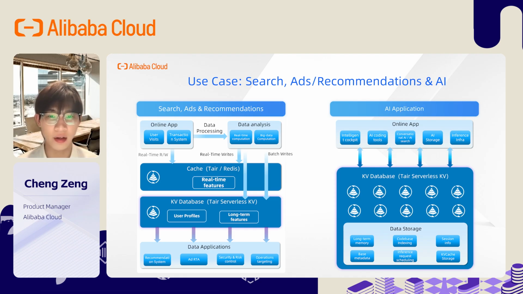In this case, Tair Serverless KV provides a unified KV layer handling the demands of online applications for high concurrency, low latency, and automatic elasticity. It enables efficient collaboration across intelligent cockpit systems, AI-powered coding tools, conversational AI search, and inference infrastructures.